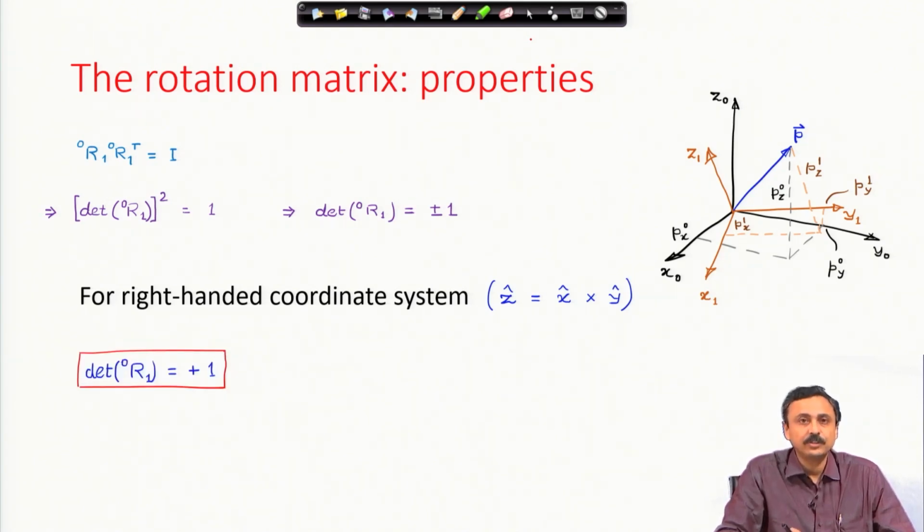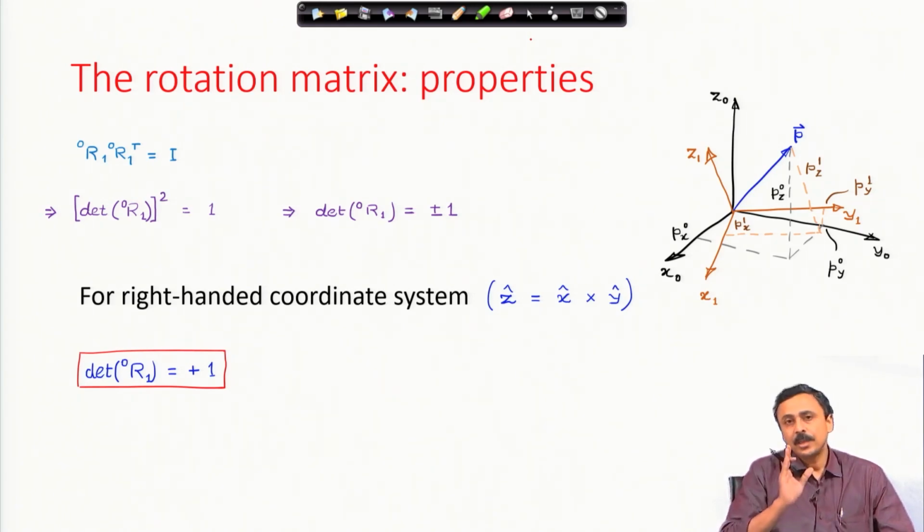Therefore, any rotation matrix with determinant +1 represents a right handed coordinate system. In other words, if you take the cross product of the first column and the second column, you will get the third column, x cap cross y cap is equal to z cap.